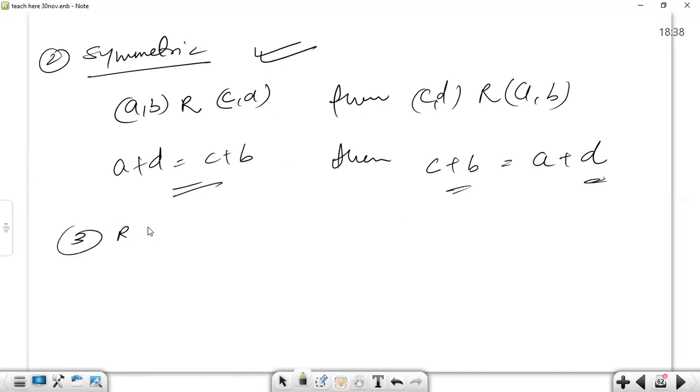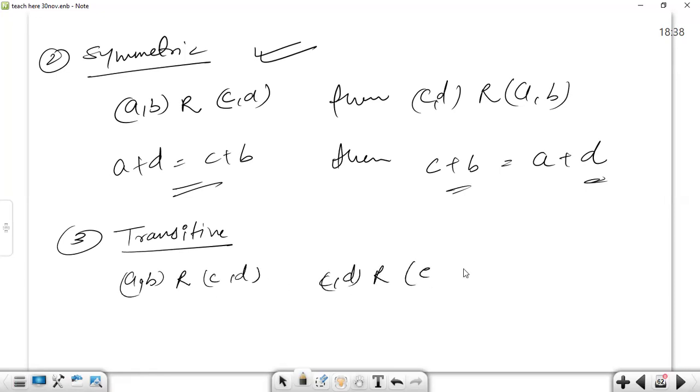Any doubt? No, sir. Now let's check whether the given relation is transitive or not. So AB is related to CD, and CD is related to EF.